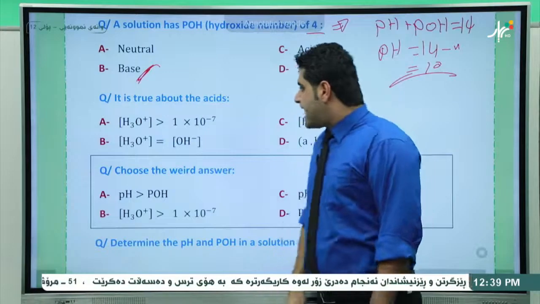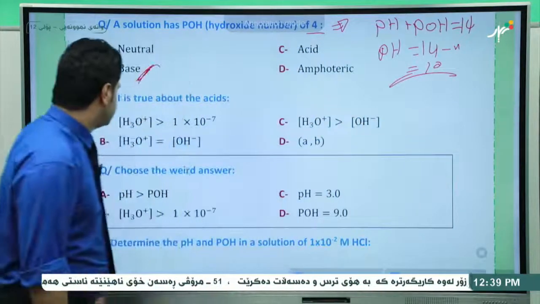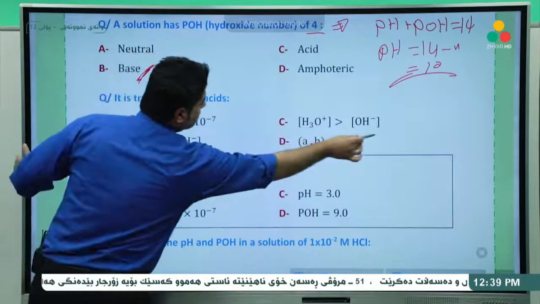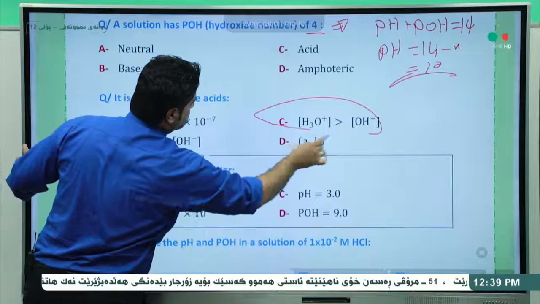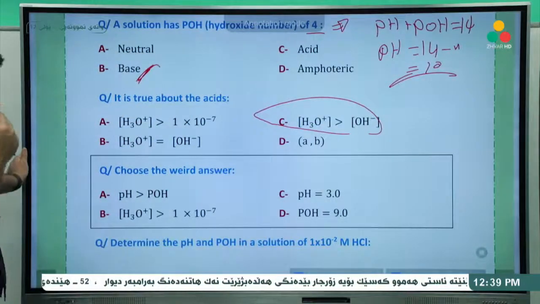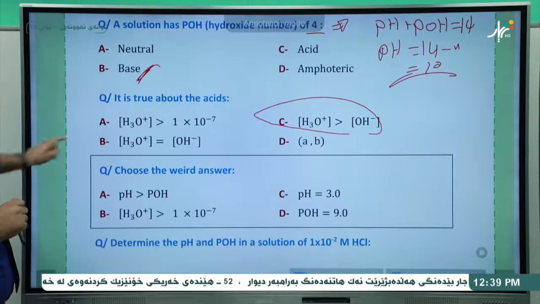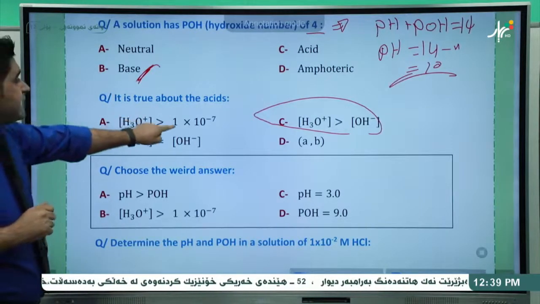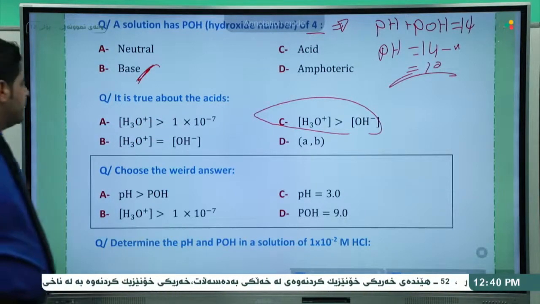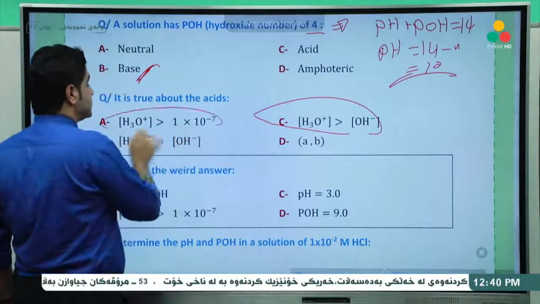It's true about the acids. Okay. Look, it's true about the acids. Hydronium ion greater than the hydroxide ion, right? Okay, it's right. And hydronium ion greater than 1 times 10 to the negative 7. Well, it's not always true about the acids, it's true at 25 Celsius degree.